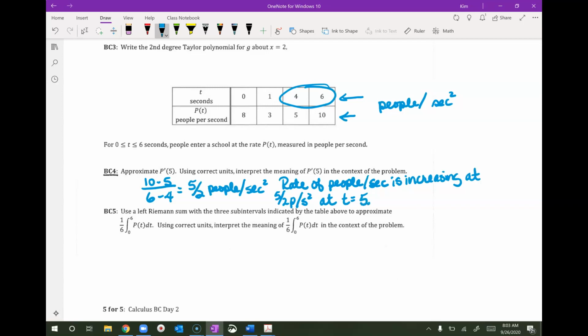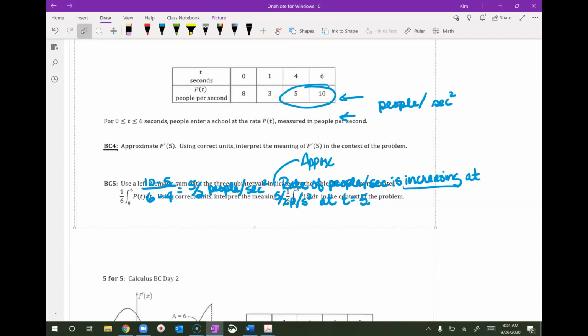Make sure that you incorporate that 5 in there somewhere, that this isn't happening at another time, but specifically at time 5. And one thing I didn't say is this is an approximation. So maybe I'll add approximate rate of people per second is increasing at 5 halves people per second squared. Okay. Again, I use the word increasing because 5 halves was positive.